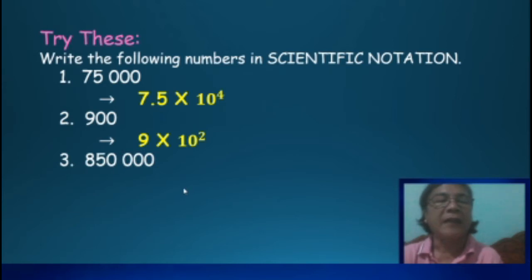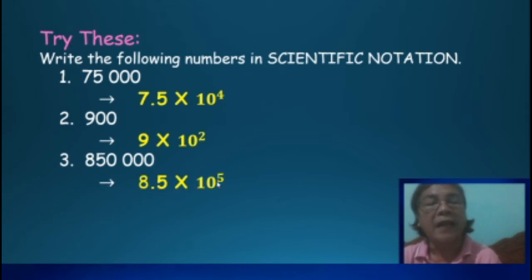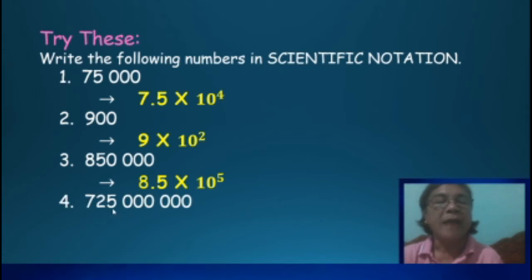Next, 850,000. What's your answer? We count 1, 2, 3, 4, 5. So our answer is 8.5 times 10 raised to the 5th power. Next, 725 million. What's your answer? Let's see if it is correct.